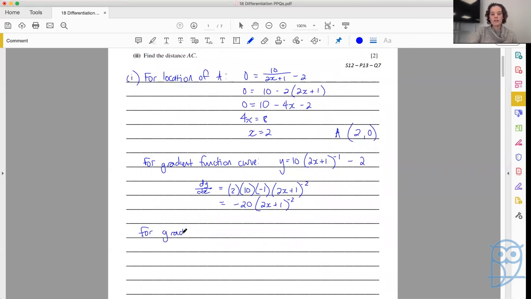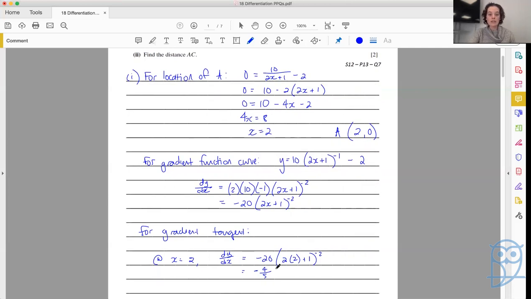For the gradient of the tangent, we know that we're working at the point A. So at x equals 2, dy by dx equals minus 20 times (2 times 2 plus 1) to the minus 2, which is minus 20 divided by 5 squared, which gives us minus 4 over 5.